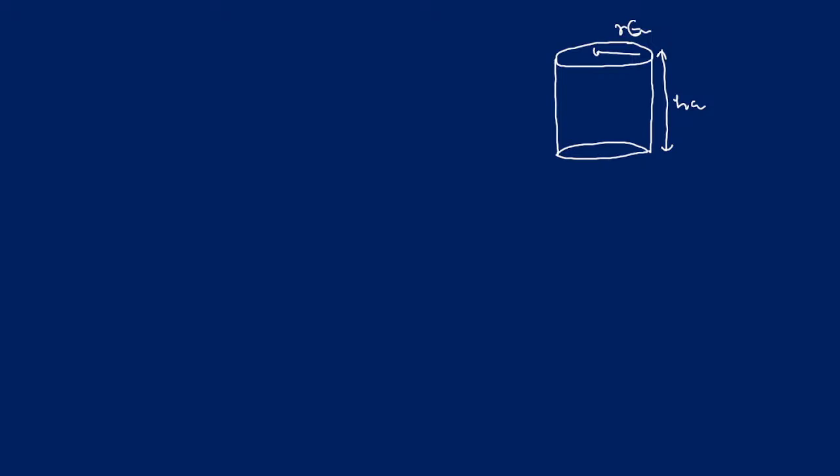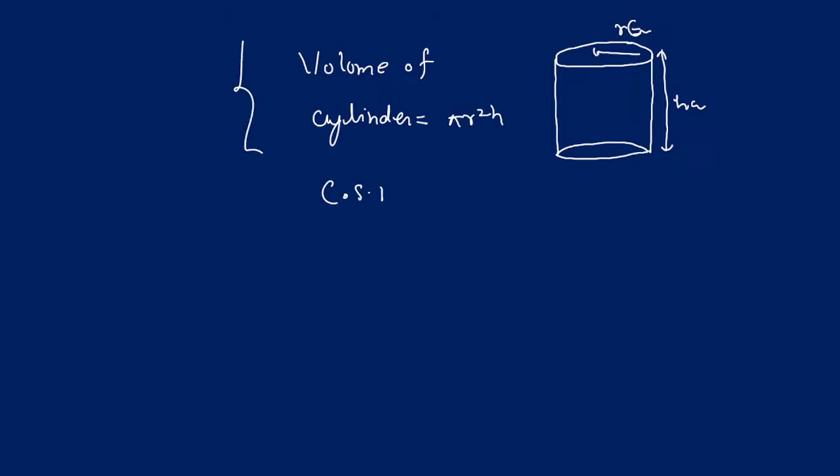Then what is the volume of a cylinder, student? Volume of cylinder is pi r square h, and curved surface area of the cylinder is the area of the curved part, which is 2 pi r h, and the total surface area of the cylinder is 2 pi r h plus the area of the circular base.